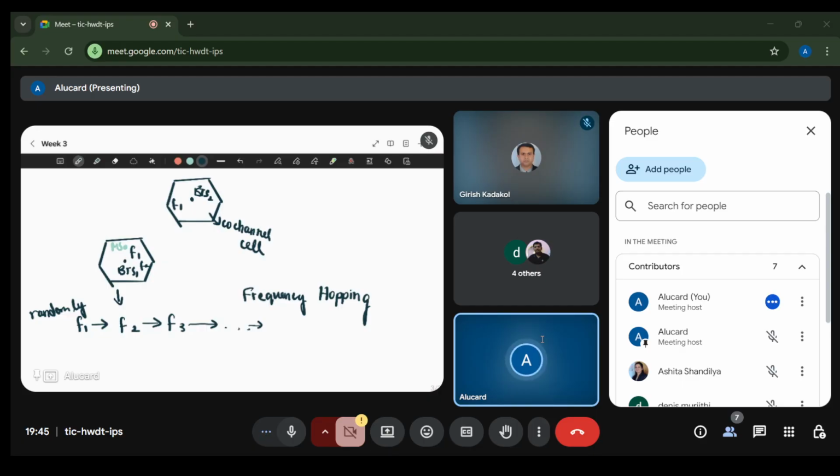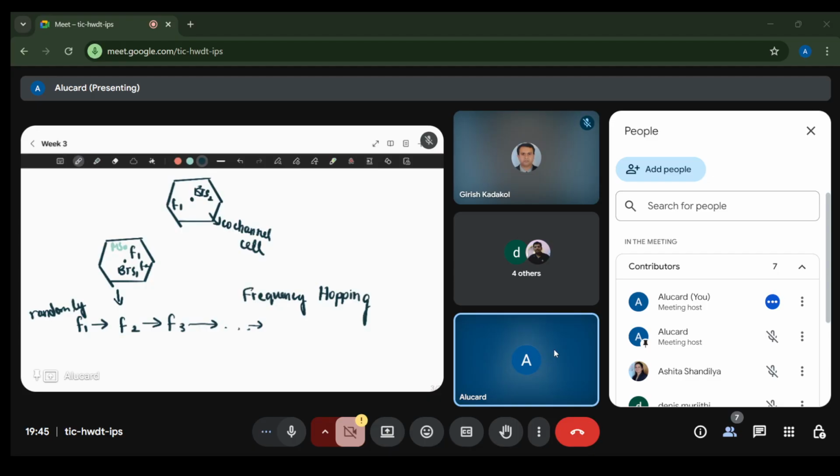Obviously the channel width will be smaller than whatever bandwidth is allocated to each cell. So there will be a number of channels in each cell, and a user can hop between different frequencies. And you can do this in a random fashion.